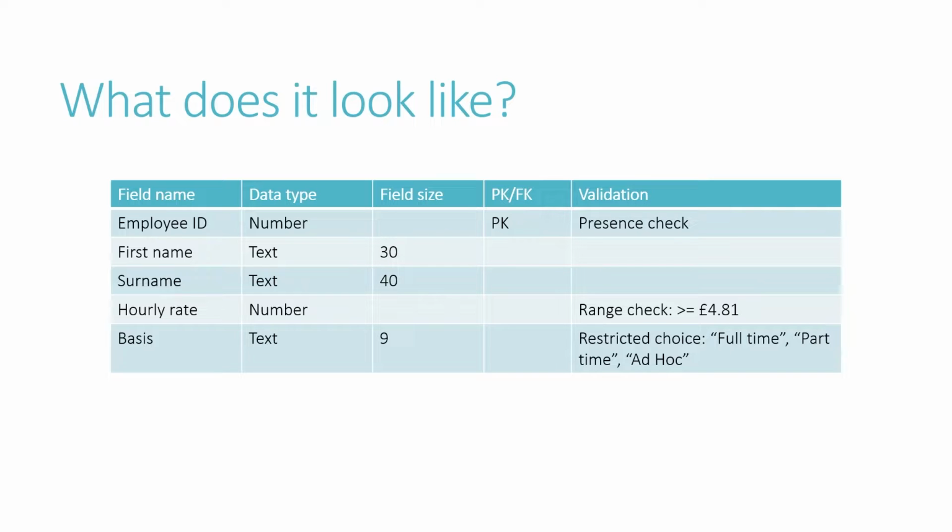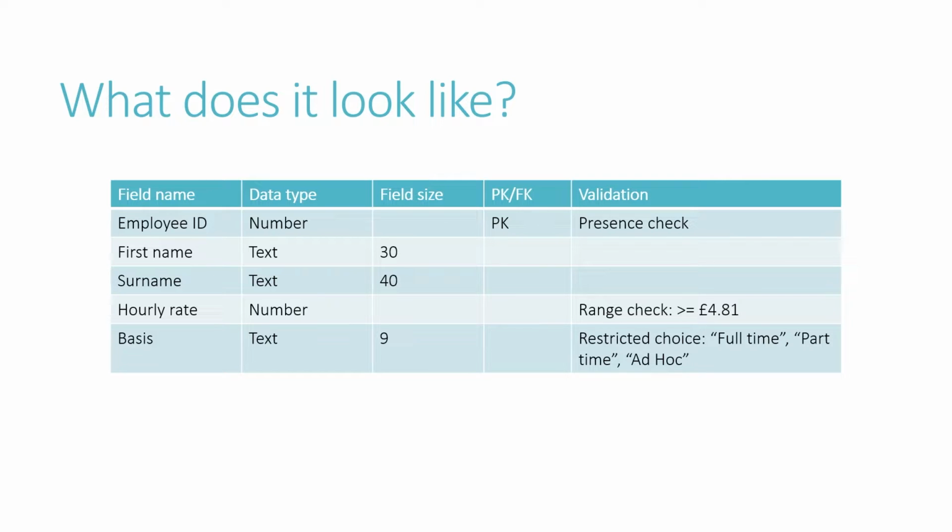So a first name, in this example, I am assuming that there will never be a first name that is more than 30 characters. The reason you do this is because database systems set aside a number of bytes and kilobytes for each field. So however many records you have, it will have that number of bytes set aside for that field.